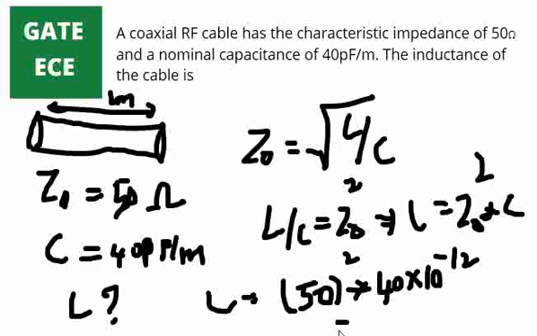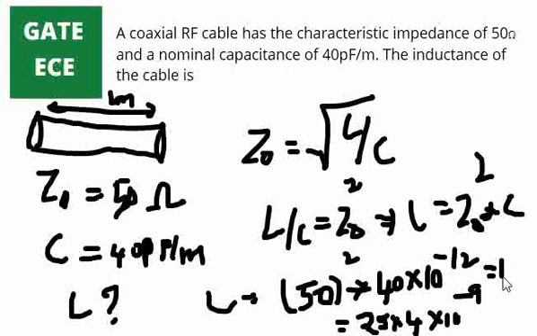So if we consider this, 25 into 4 is 100, which is 10 square, and 10 power minus 12 into 10 cube gives 10 power minus 9. Then 100 is 10 power minus 2.